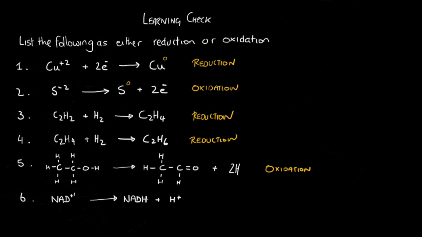So clearly here, NAD has been reduced. So this is an example of a reduction. And in biochemistry, you'll probably see an example of when ethanol gets together with NAD plus to cause the ethanol to become oxidized while the NAD becomes reduced.